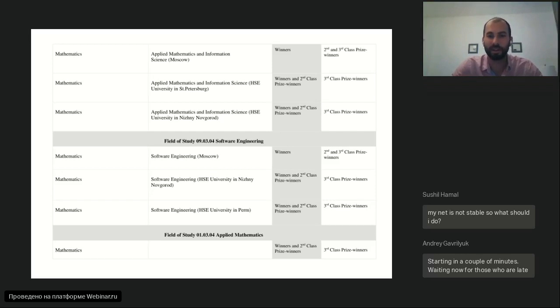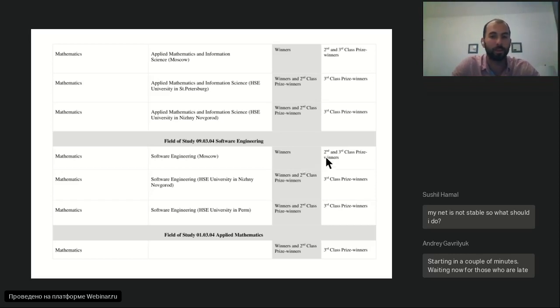So it takes by more strict rules. If you want to have free admission for software engineering in Moscow, you should be a winner, right? According to this table and according to the rules of the previous year.